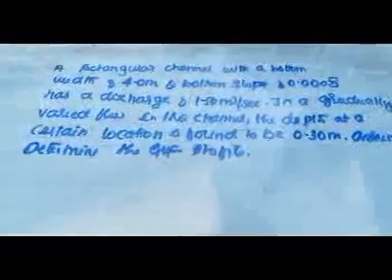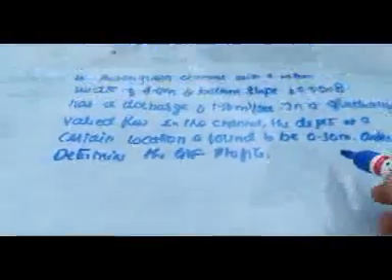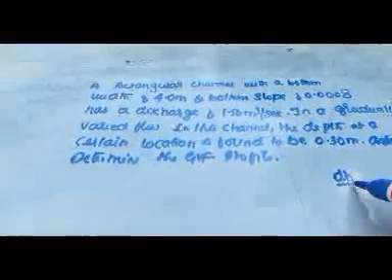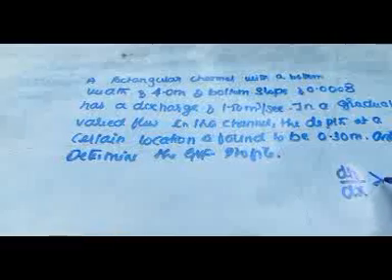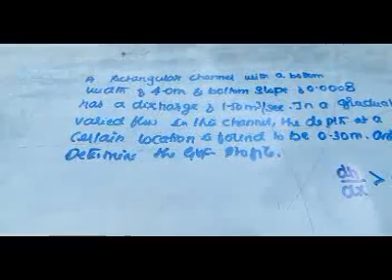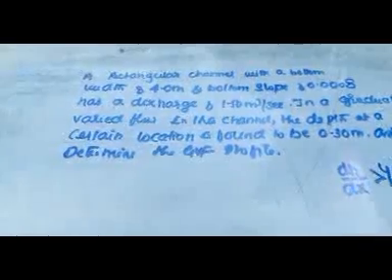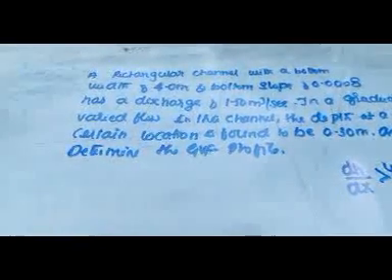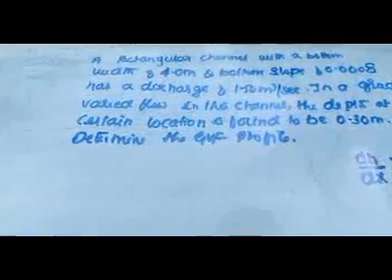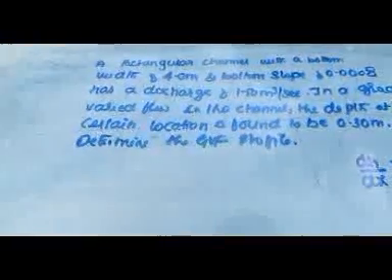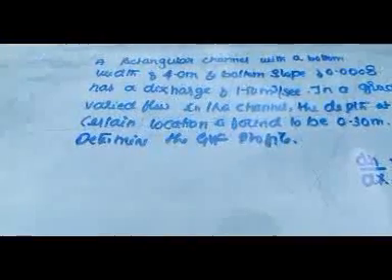In the previous class we discussed the backwater profile, where dH by dx is greater than 0. Different types of graphs were drawn.